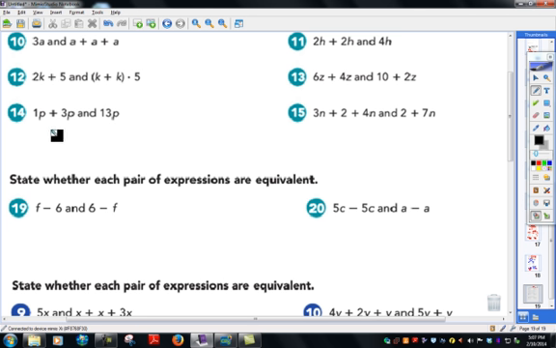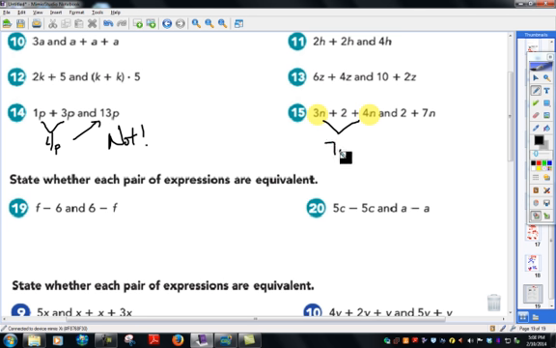Okay, here we go. One porcupine and 3 porcupines. How many porcupines do we have? We have 4 porcupines. Are those the same? Absolutely no. Okay, here, let's see if there's anything that I can combine. I've got a 3n, I've got a 4n. How many n's do I have?